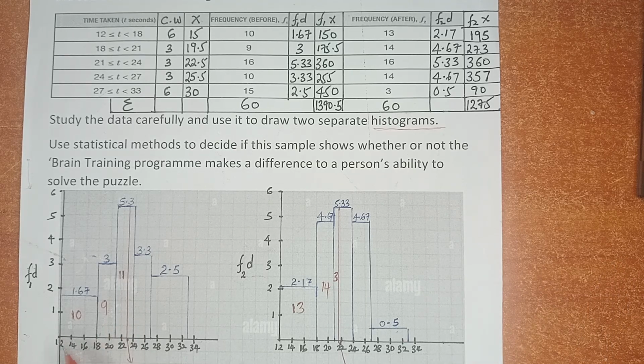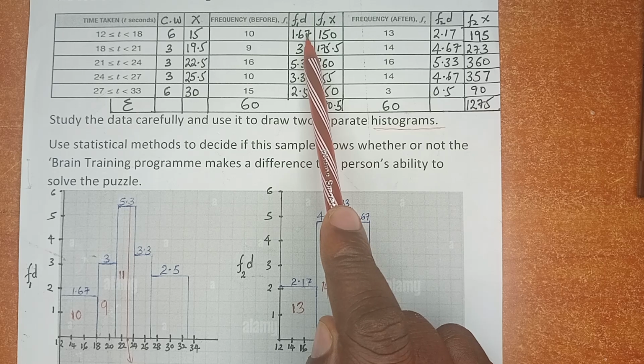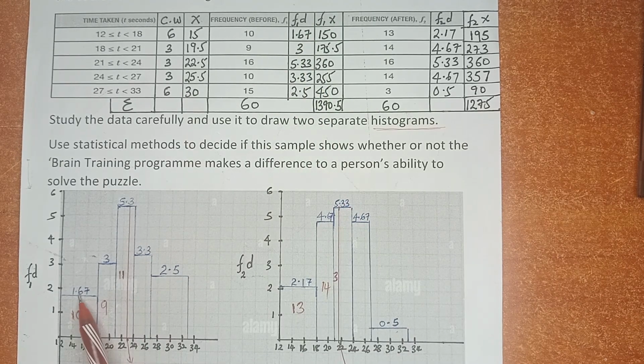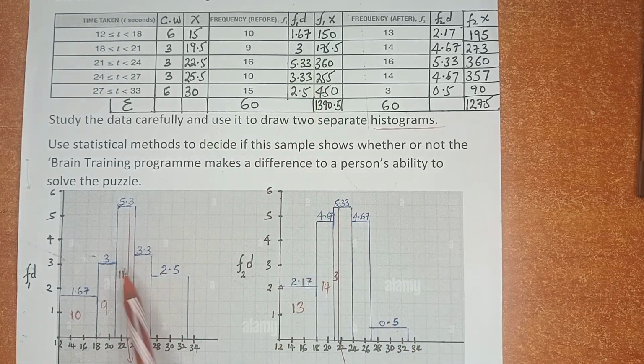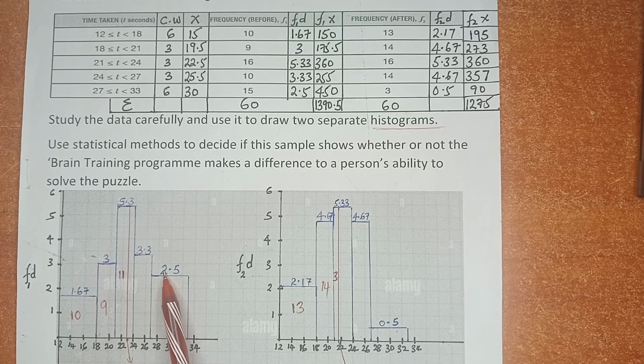As you can see, for the first group from 12 to 18, the frequency density is 1.67, and it is this one. For the second one, the frequency density is 3, and it is here. For the third class, the frequency density is 5.33, and for the fourth class, the frequency density is 3.33, and for the last one, the frequency density is 2.5.